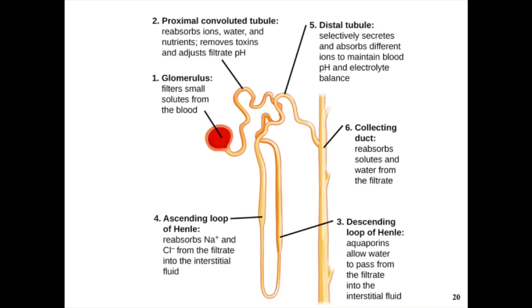But it's a very wasteful process. So if everything we filtered were to become urine, we would be dehydrated, for example. So now we need a system to call back the substances.